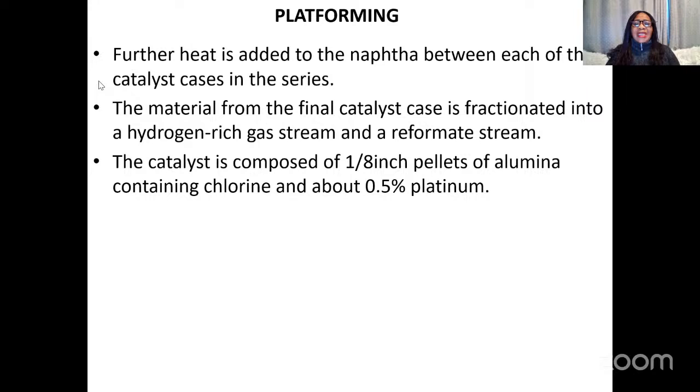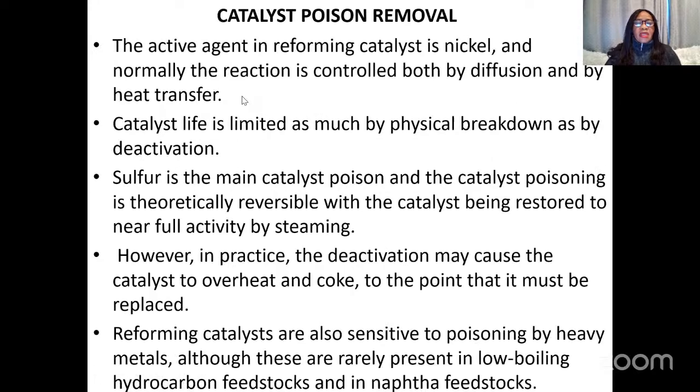So, the catalyst that is used is composed of 1 to 8 inch sized pellets of alumina containing chlorine and about 0.5% of platinum. Okay. Now, catalyst poison removal. I mentioned to you that as you're using the catalyst, coke is forming onto it, that is the deactivation.